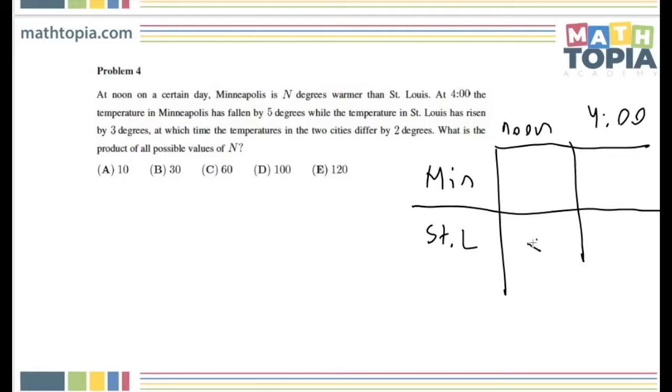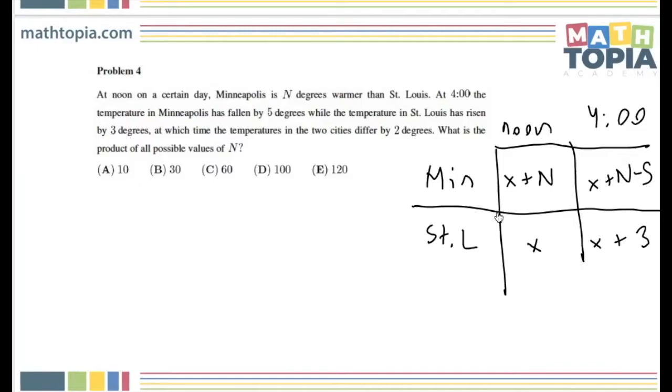So St. Louis might have x, but Minneapolis would be x plus n. Then at 4 o'clock, the temperature in Minneapolis has fallen by 5, and the temperature in St. Louis has risen by 3. So it's just saying the temperatures in the two cities differ by 2 degrees.